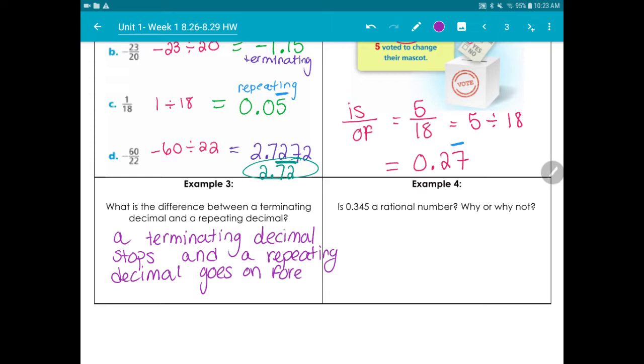But it doesn't just go on forever, it goes on forever with a pattern. And that is the key word there.